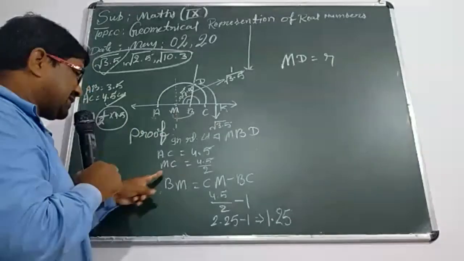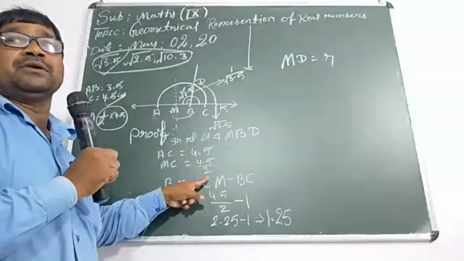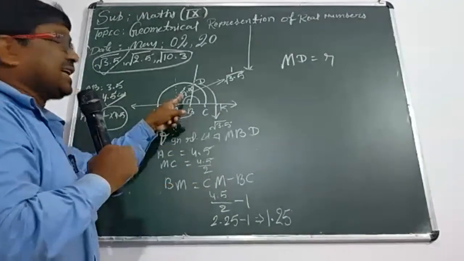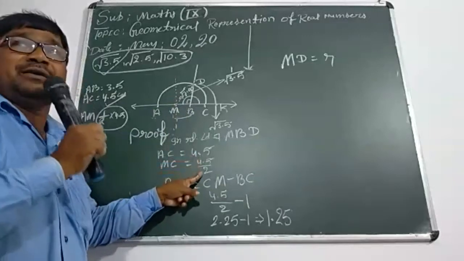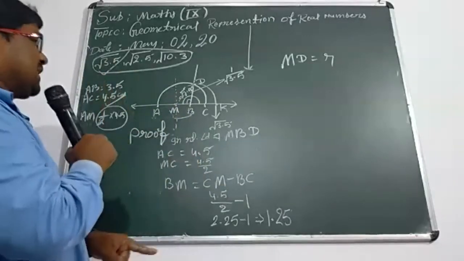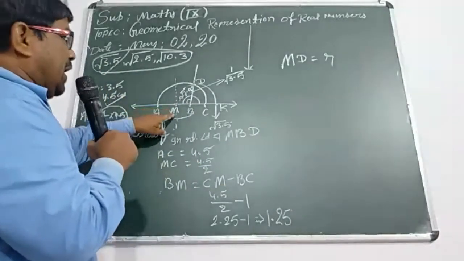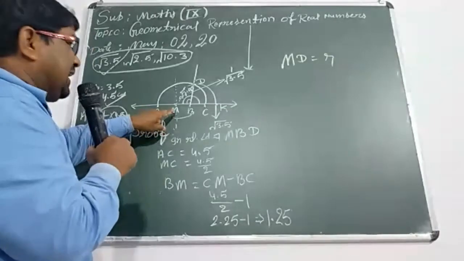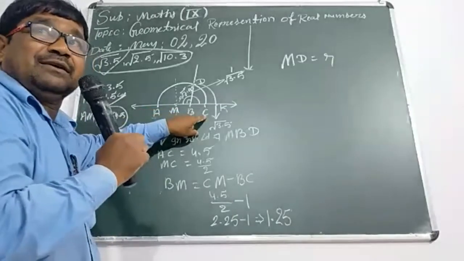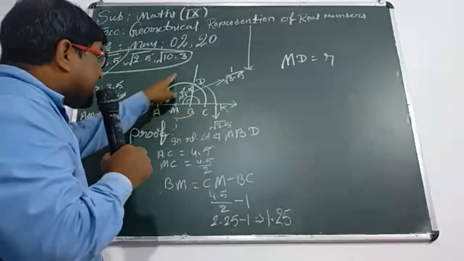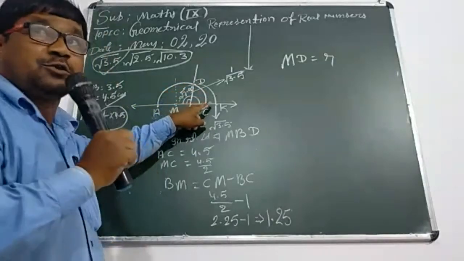CM is 4.5 upon 2. Listen once again: from center M and radius MC, this is the semicircle drawn by you.